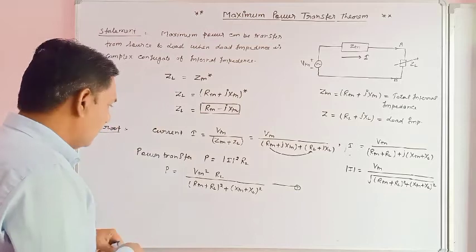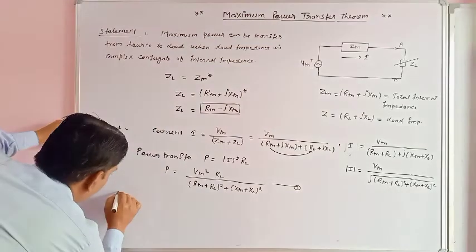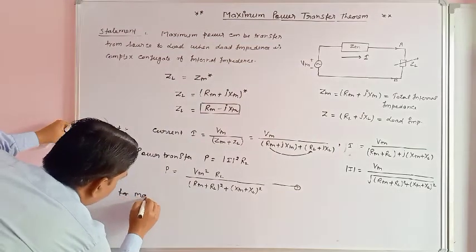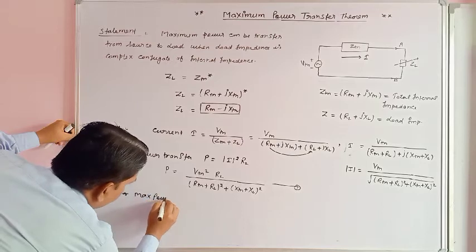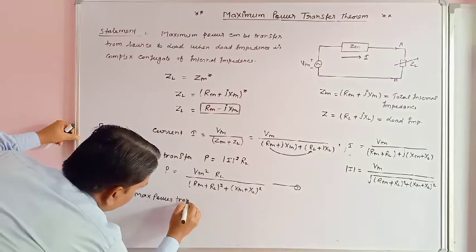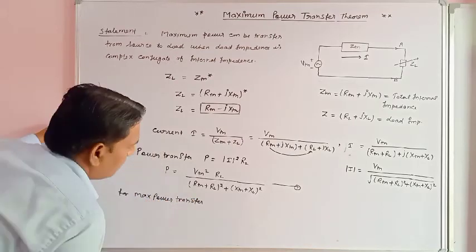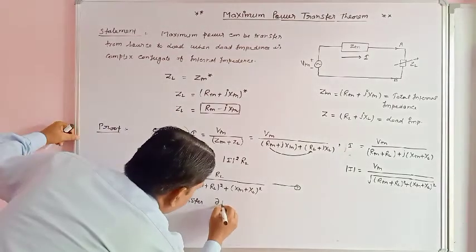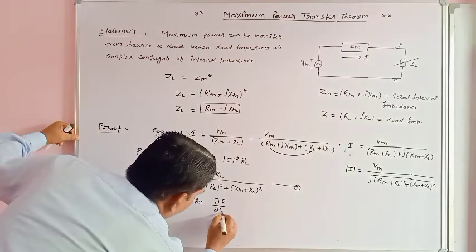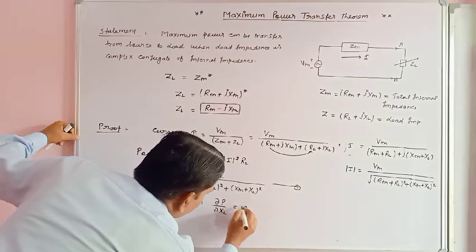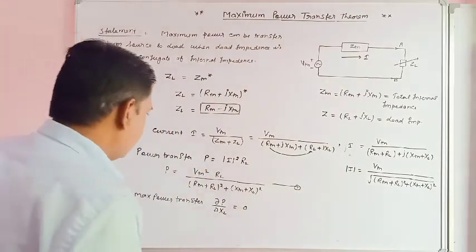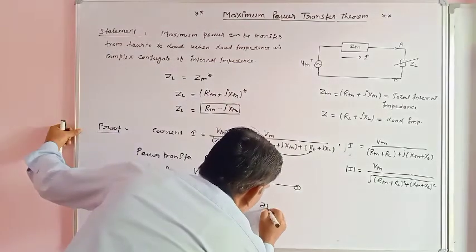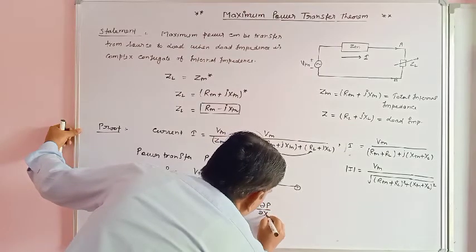For maximum power transfer, the partial derivative of power with respect to XL should be equal to 0.